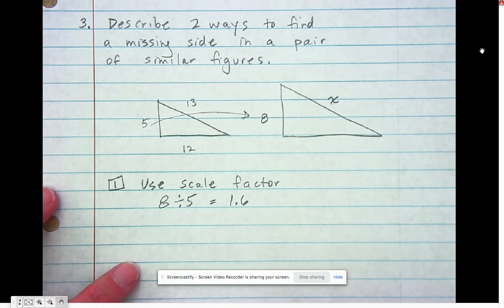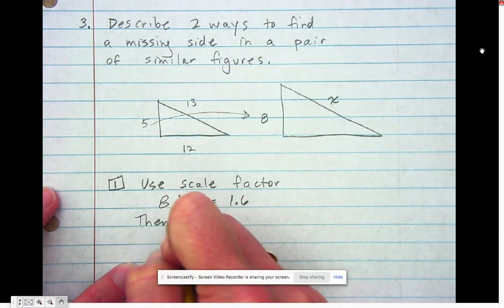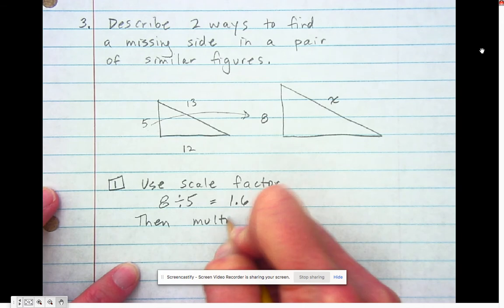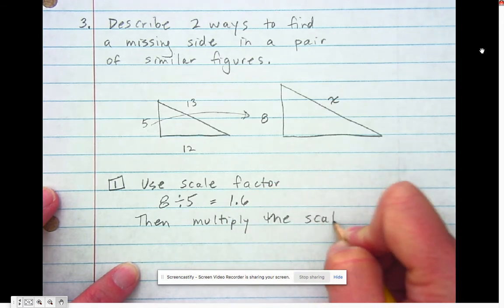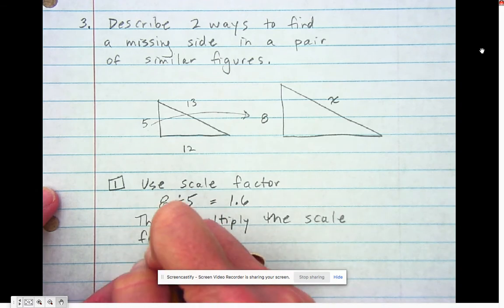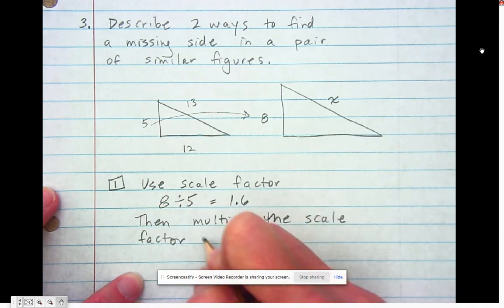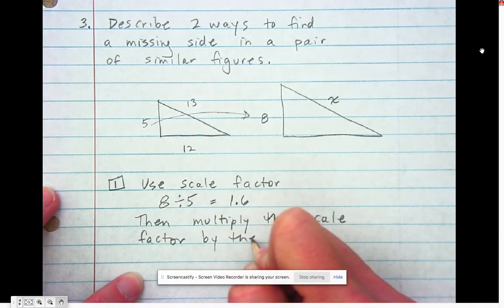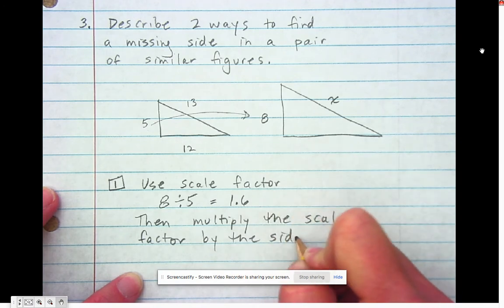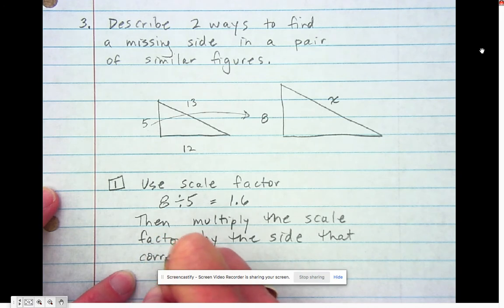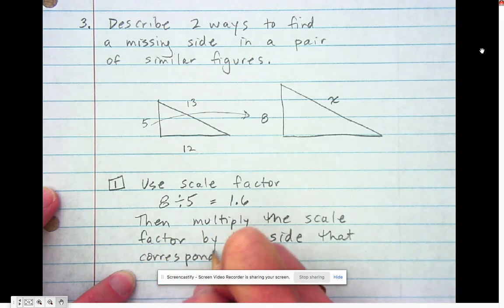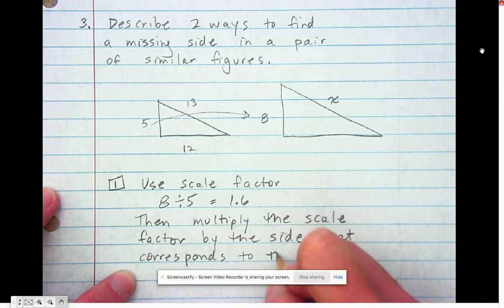Once I have that, I multiply the scale factor by the side that corresponds to the missing side.